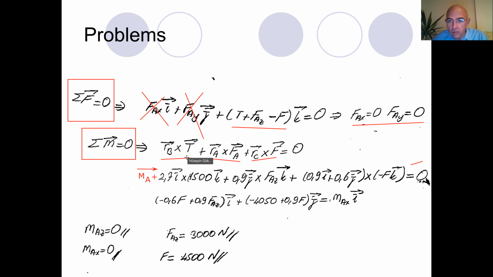This is the condition, because I want to determine the maximum force F, and it occurs certainly when the cable is loaded to its limits. So this is the equilibrium equation.